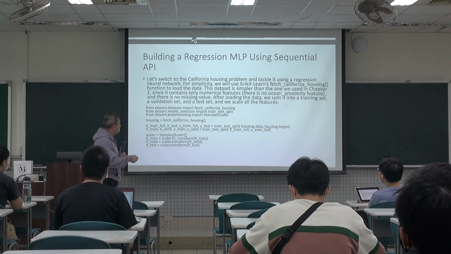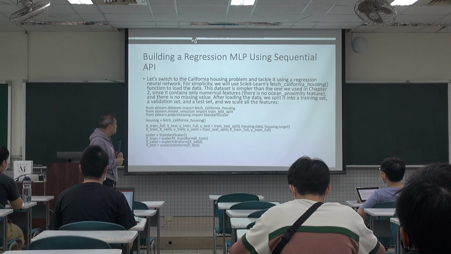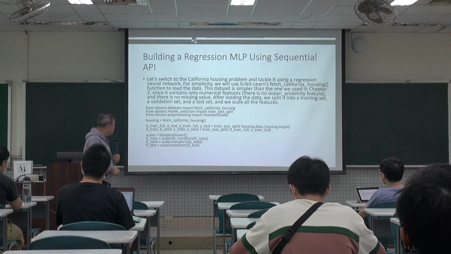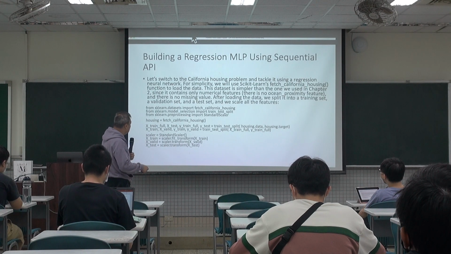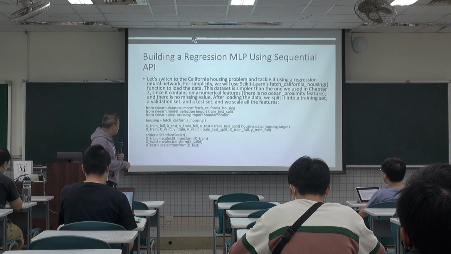and then you just import the standard scaler, which is used for the data preprocessing, and that's pretty much about it. This part is about data retrieval and data preprocessing. I think that those are pretty standard.